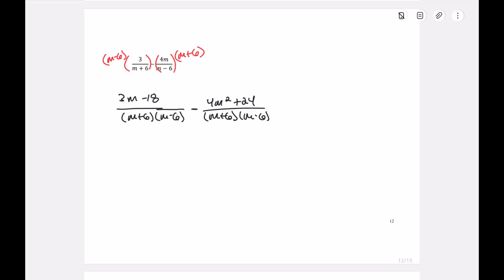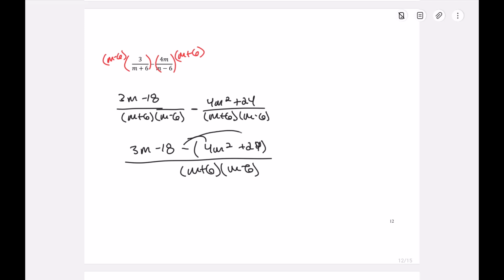Then we would have to distribute our negative, or our minus. So if we do 3m minus 18 minus, in parentheses, 4m squared plus 24m, we would take our minus and distribute it into both of them. We get 3m minus 18 minus 4m squared minus 24m all over m plus 6, m minus 6.